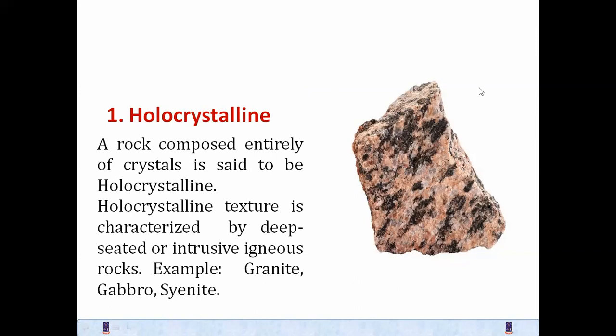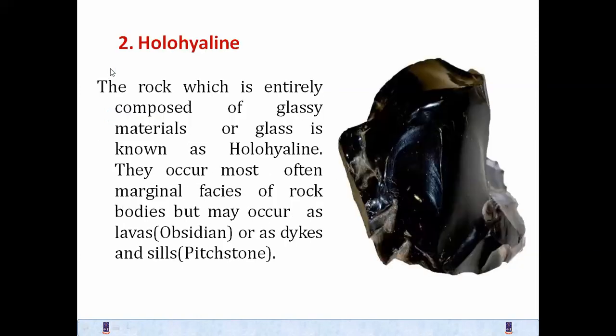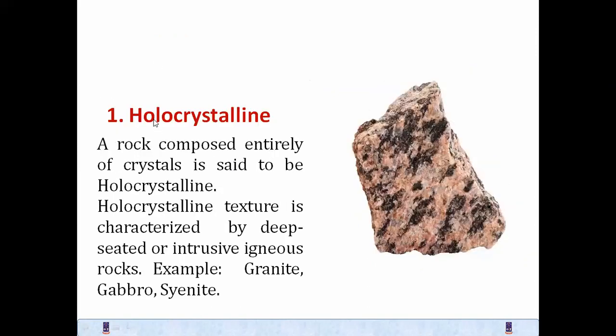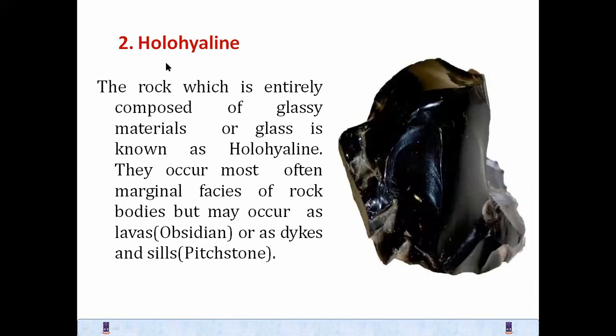Now, the second type of texture is holohyaline. It is completely opposite to holocrystalline. Holohyaline means the rock which is seen in this image is entirely made up of glass material.